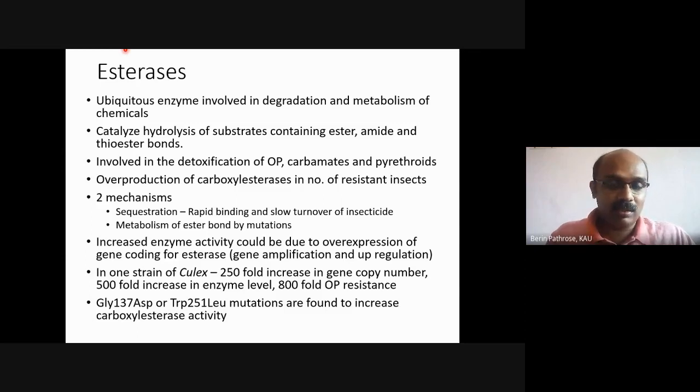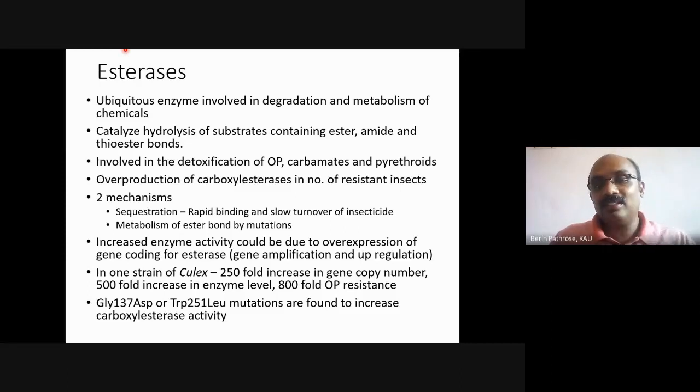ASP is asparagine. Aspartic acid is different. So at the 137th position, in the normal individual it will be glycine, but in the mutated individual the amino acid will be asparagine. And because of this mutation, the esterase gene will be overexpressed.